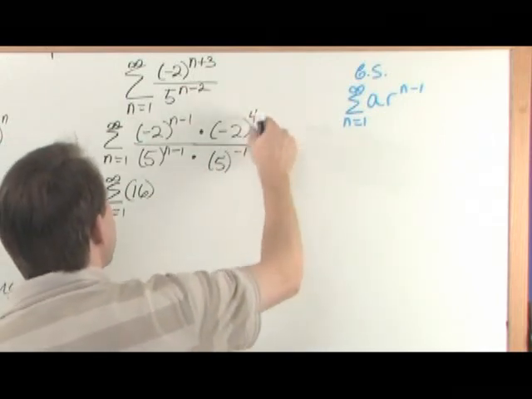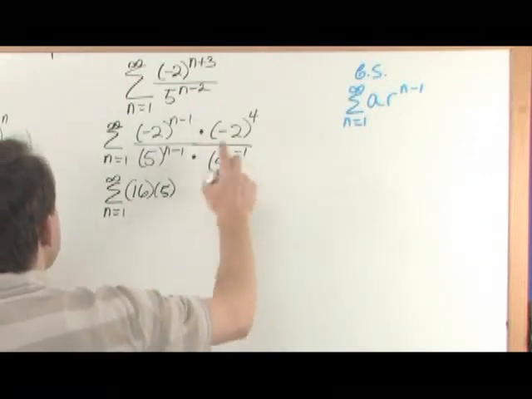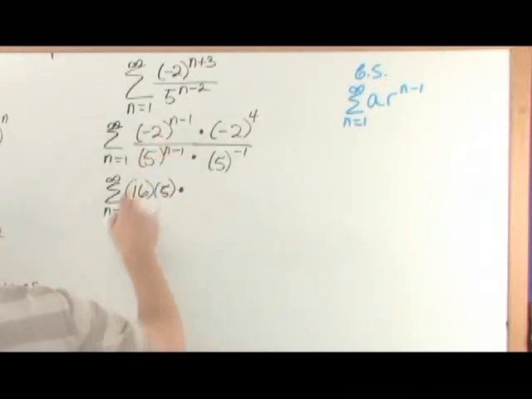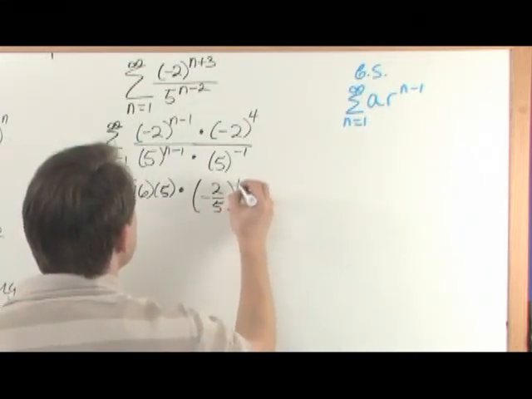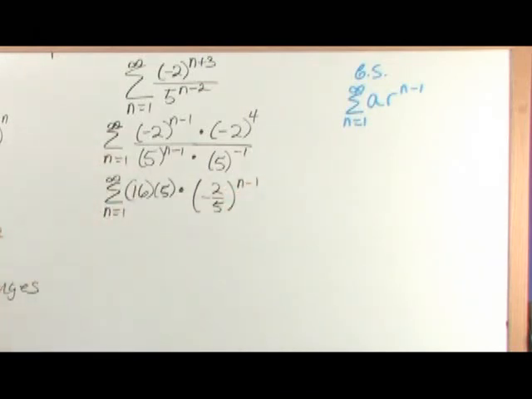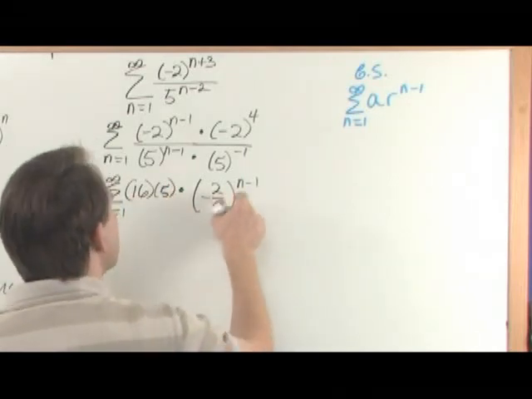That's going to be moved upstairs, so that's going to be times 5. Okay, so 16 times 5, that's my constant here, times (-2) to the n minus 1 over 5 to the n minus 1, so I could write that as (-2/5) to the n minus 1, all inside of that parentheses there. I'm just taking this and sticking it inside one parentheses and having a common exponent. So this looks exactly like a geometric series. I have a constant, and I have an r to the n minus 1.